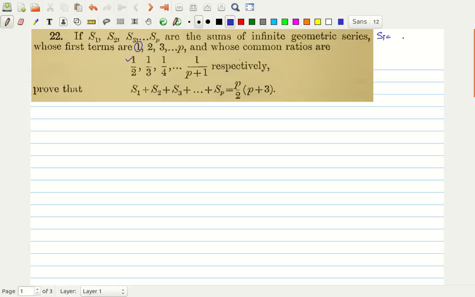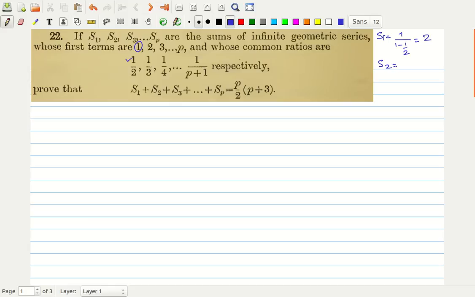So what is the formula for the infinite geometric progression? It is first term divided by 1 minus r. So it will be 1 divided by 1 minus half, and this will be equal to 2.